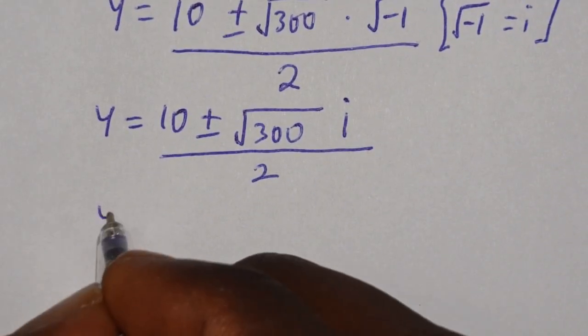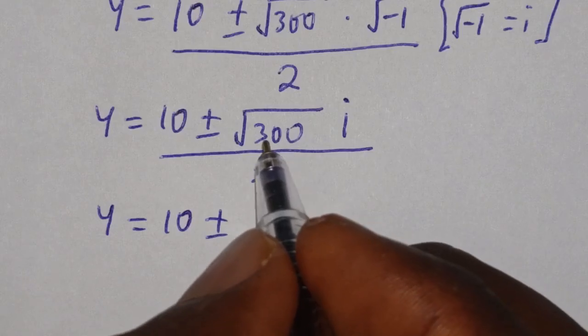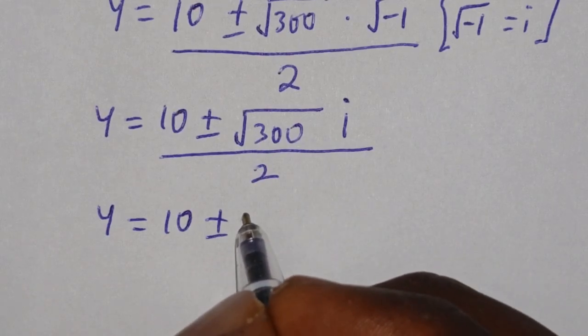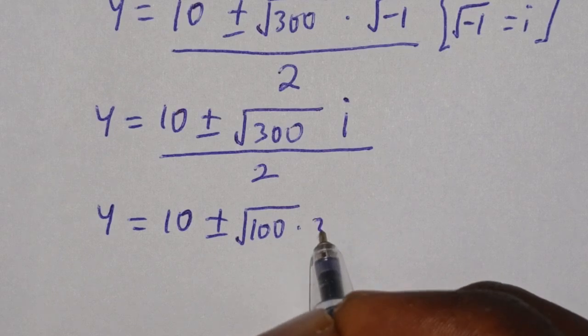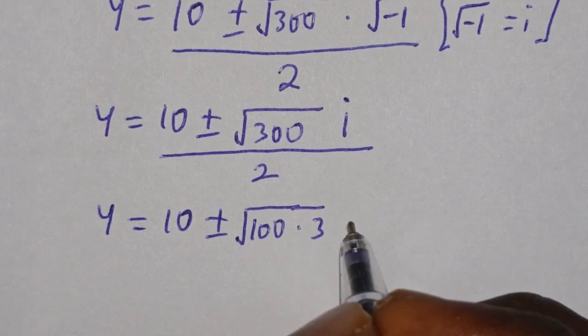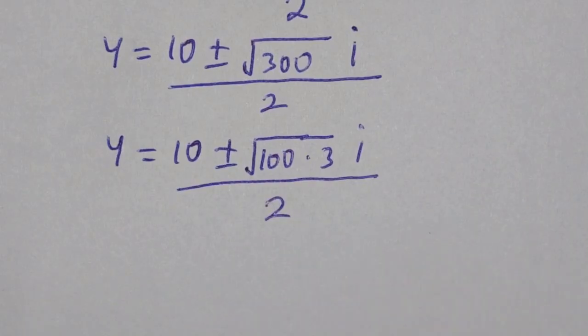Let's continue. y equal to 10 plus or minus square root of 300, also written as square root of 100 times 3, times i outside, divided by 2.